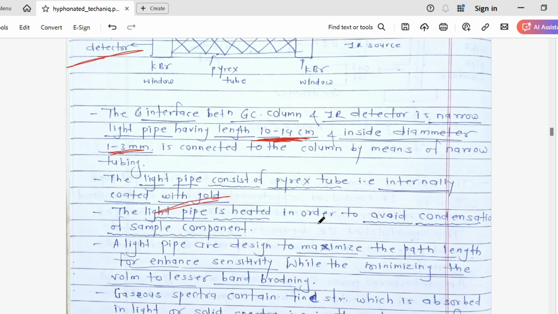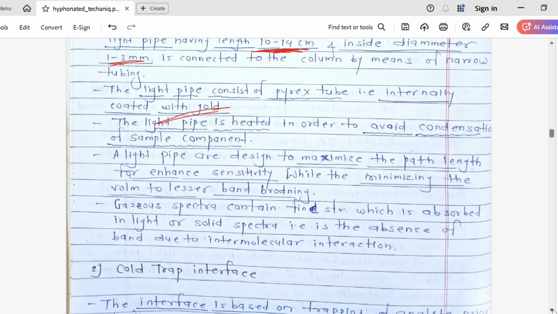The light pipe consists of a Pyrex tube, and this Pyrex tube is internally coated with pure gold.